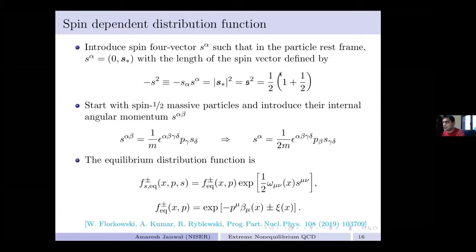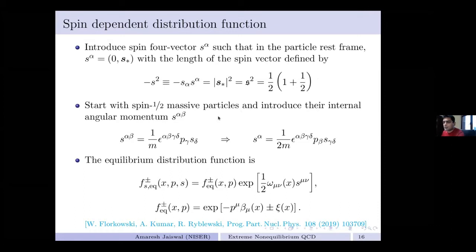And the length of the spin vector, which one can calculate as minus S squared, which is minus S_α S^α, would be just s into s plus 1, so this is half into half plus 1. That is the length of the spin vector, which we know from quantum mechanics.